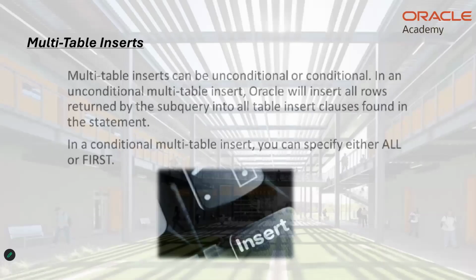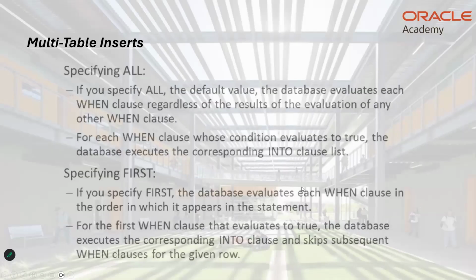Multi-table can be conditional or unconditional, and Oracle will protect you in many ways. We're not going to run an example because our database just doesn't really support it that well. Usually when you have a data warehouse scenario, you're running a multi-table insert, and it's just an insert that's run in many ways.